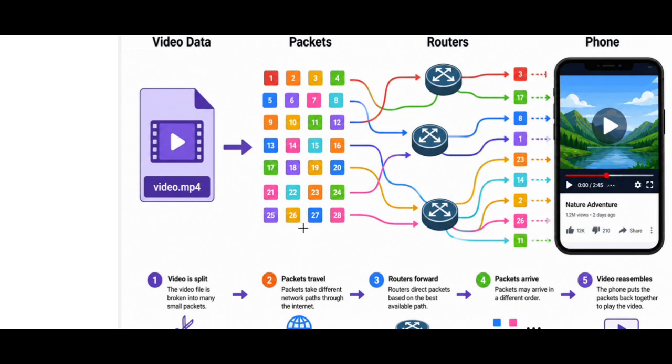It might have traveled in we don't know how many parts, because the actual algorithm that YouTube applies behind the scenes is not disclosed, I think. But each packet contains a small part of the data along with information like where it came from and where it needs to go. Each packet has that.